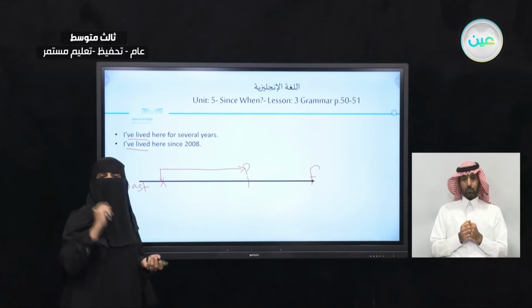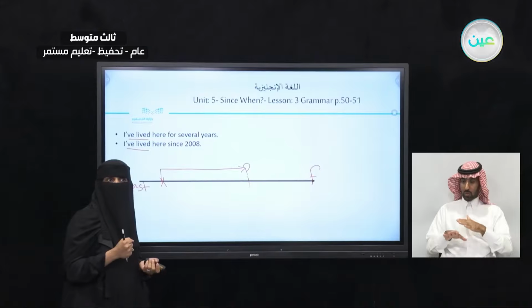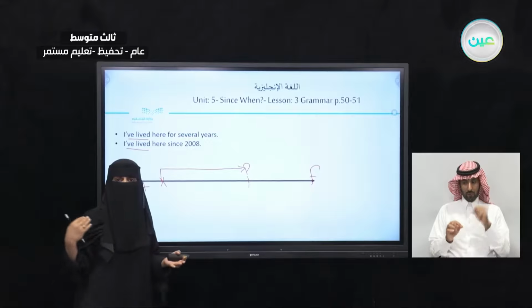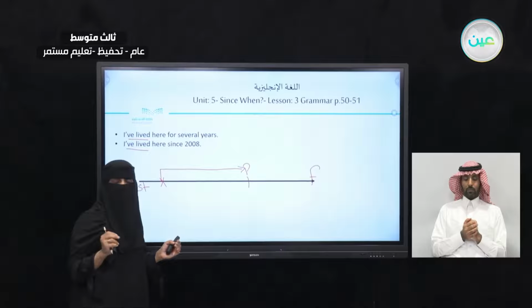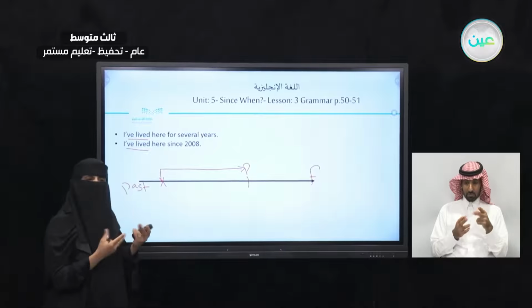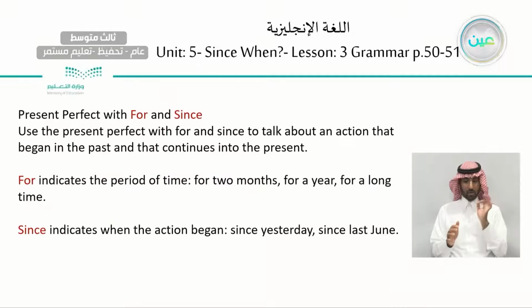I have been to Mecca. Did I say when exactly? If you mention the time, if you say last year, then you can say, I went to Mecca, okay? You don't say, I have been to Mecca. You say, I have been when we don't have a specific time, okay?